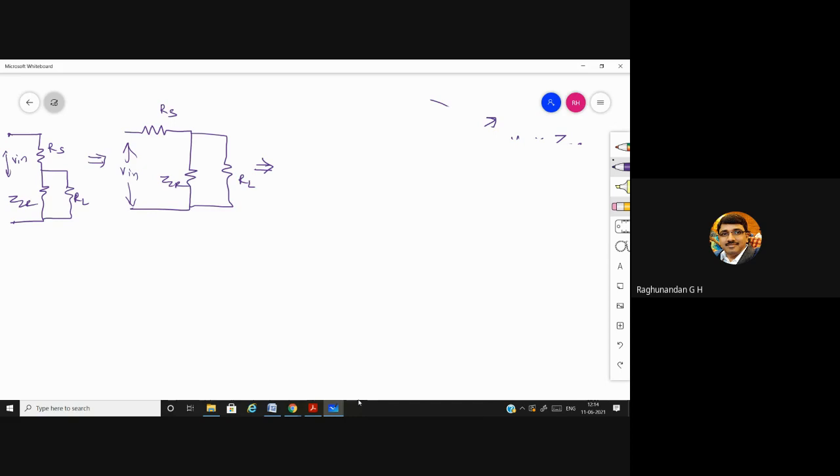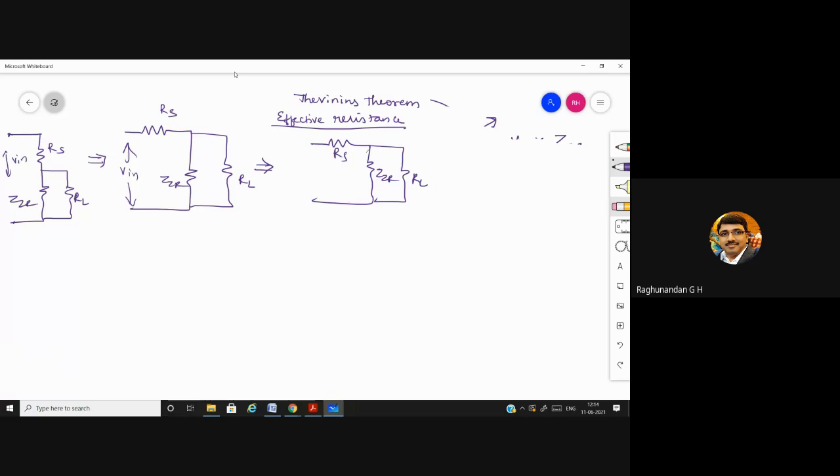When you find effective resistance using Thevenin's theorem, let us first write it: ZZR, RL and RS.